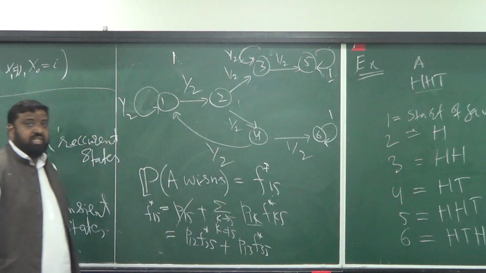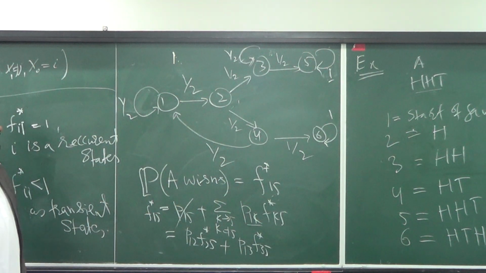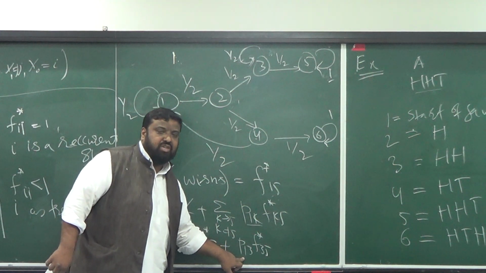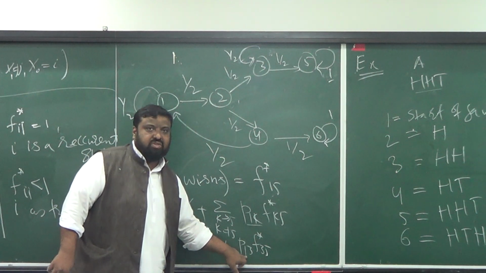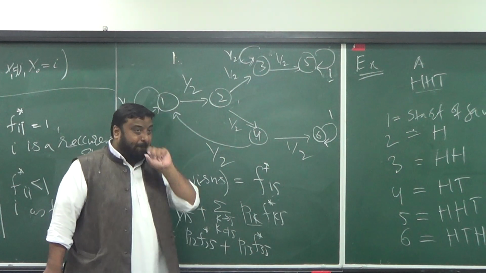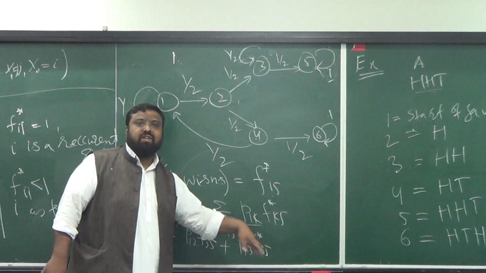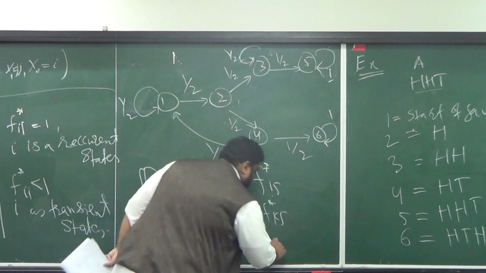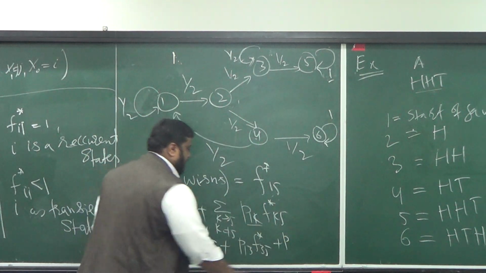That is the probability that you reach from state 1 to state 3 in one step, and from 3 to 5 in some number of steps, which is unknown to me. Plus p14.